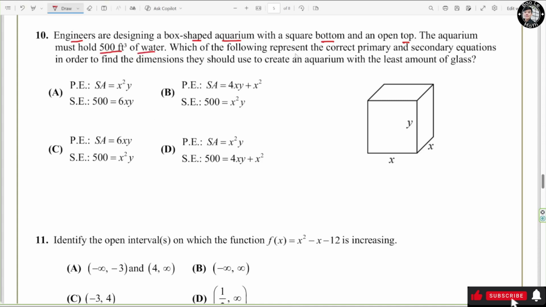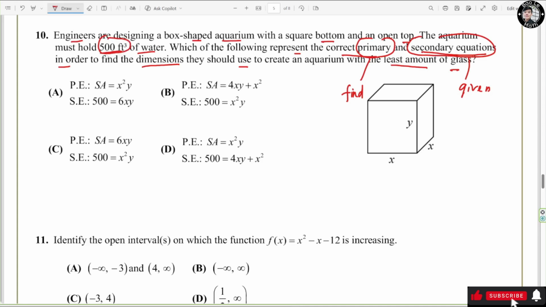Which of the following represents the correct primary and secondary equations in order to find the dimensions they should use to create an aquarium with the least amount of glass? Remember, the primary equation is what you need to find. The secondary equation is what's given. So given right here, 500 cubic feet of water.